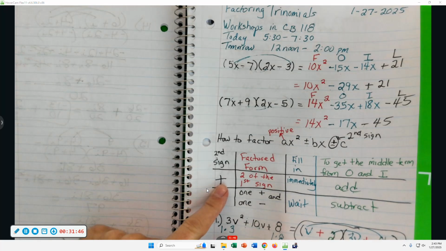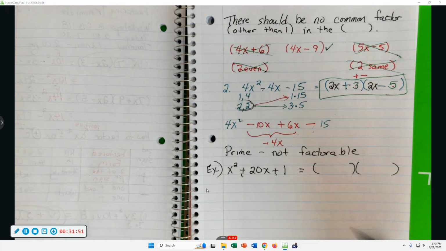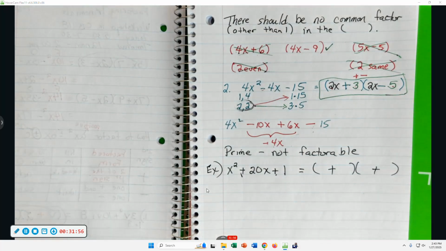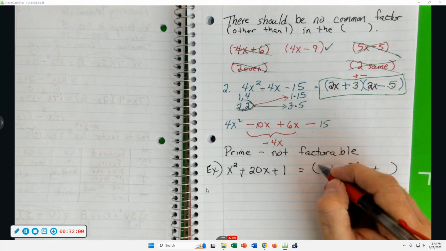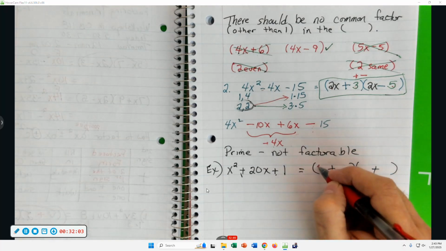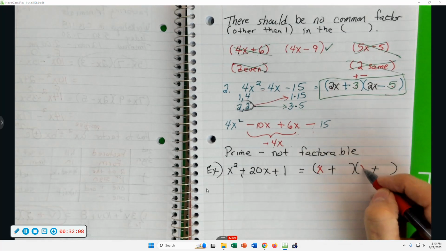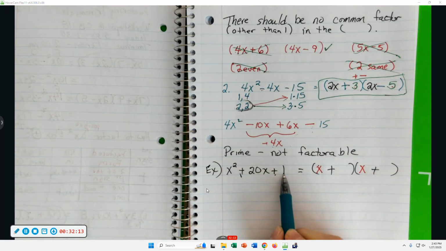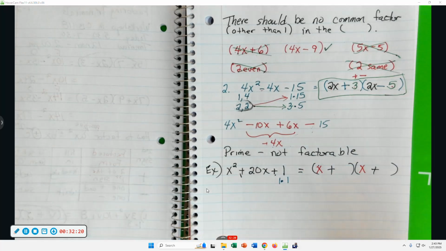Second sign is plus, so 2 of the first sign, plus and plus. 1x squared, there's only one possibility for that. What times what? I'll get it started. x times x. What are the only numbers that multiply together to give 1? 1 times 1. There's no other possibility.